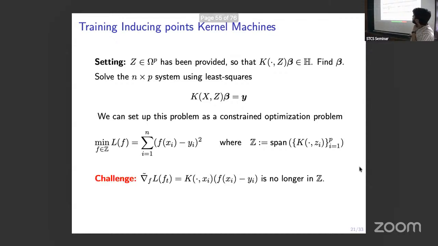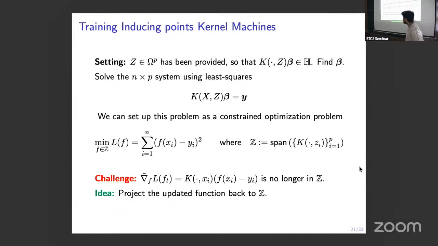So if you look at what is the stochastic gradient here, it is something like k dot xi times the residual. This may not be in the representation space here. So how do you actually deal with this? This is the first challenge that we need to contend with. And what's the natural way to contend with this? We do a projection.